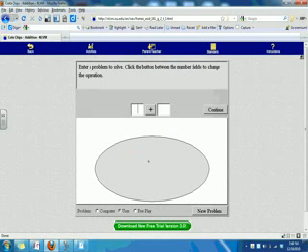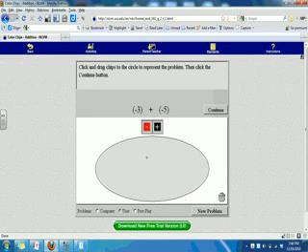Let's try another. -3 plus -5. So first you want to ask yourself, how many pairs of 0 can we make? Can we make any of these pair up and cancel out, disappear?